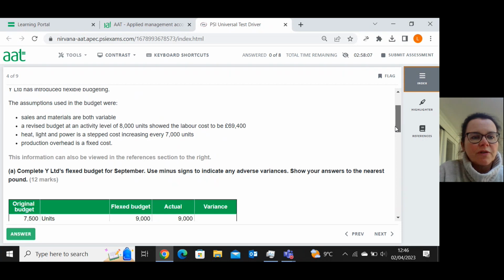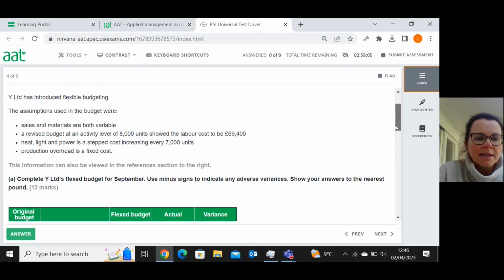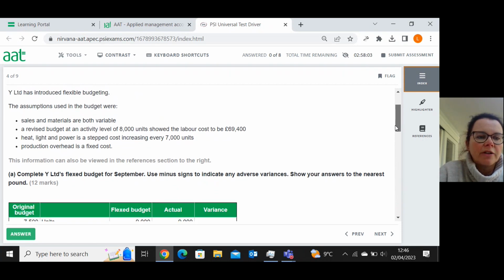Y Limited has introduced flexible budgeting. The assumptions used in the budget were sales and materials variable. Revised budget at an activity level of 8,000 units showed labour cost to be 69,400. Might need that for a high-low calculation.